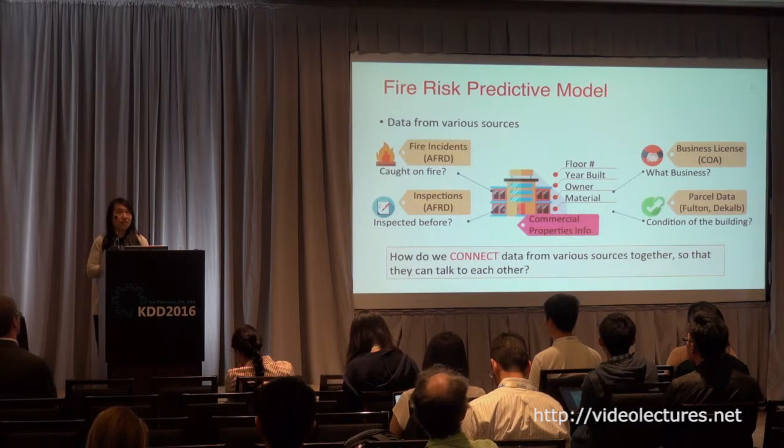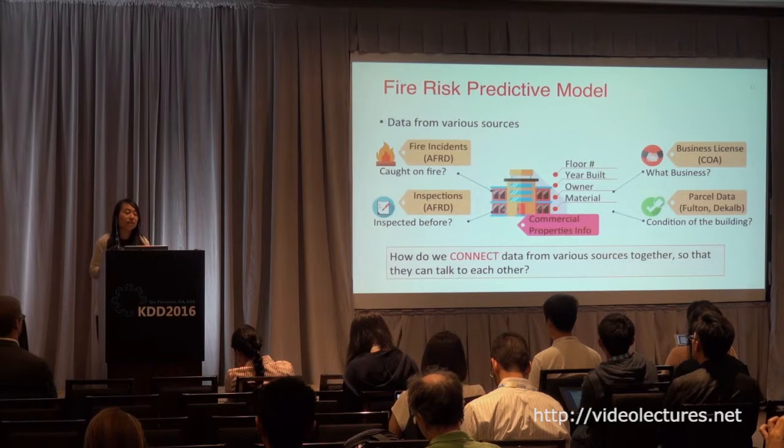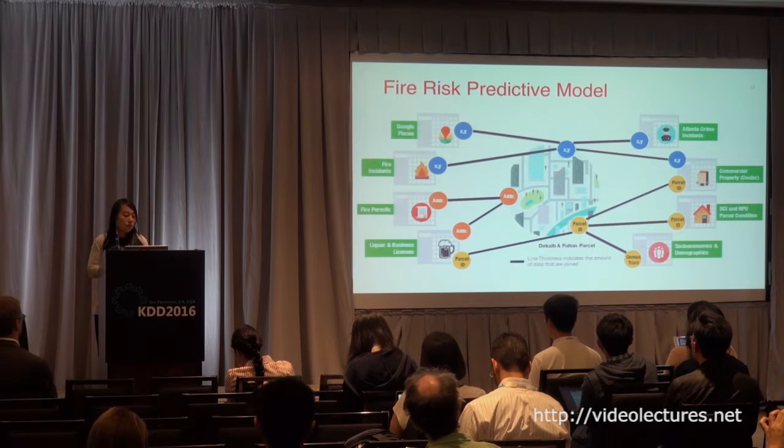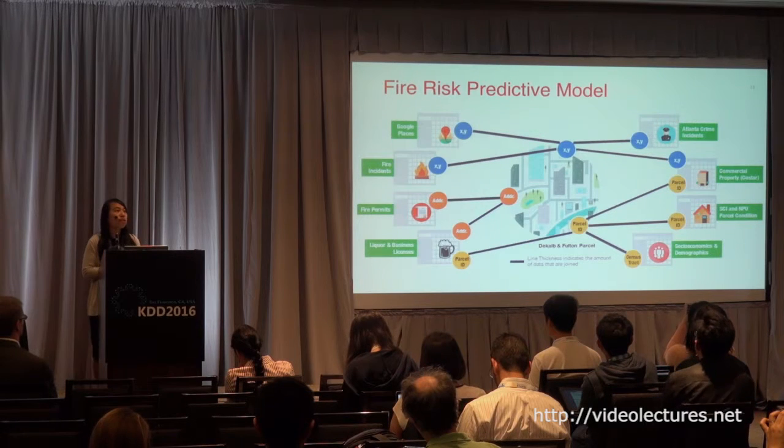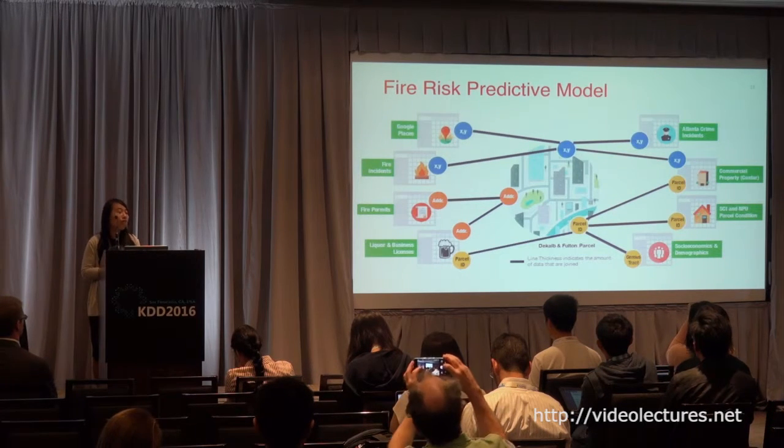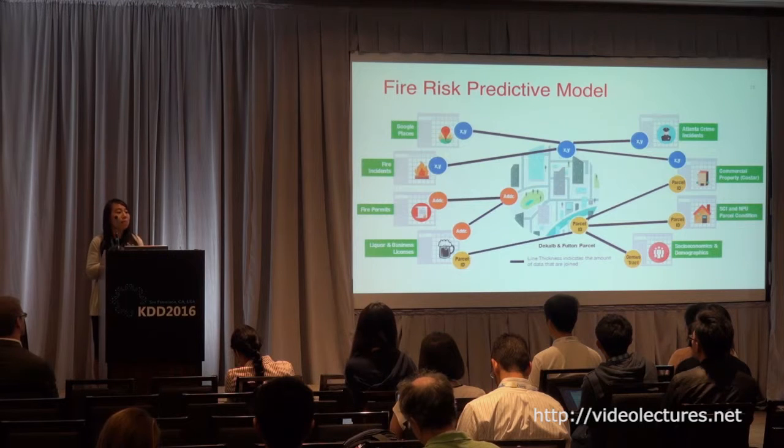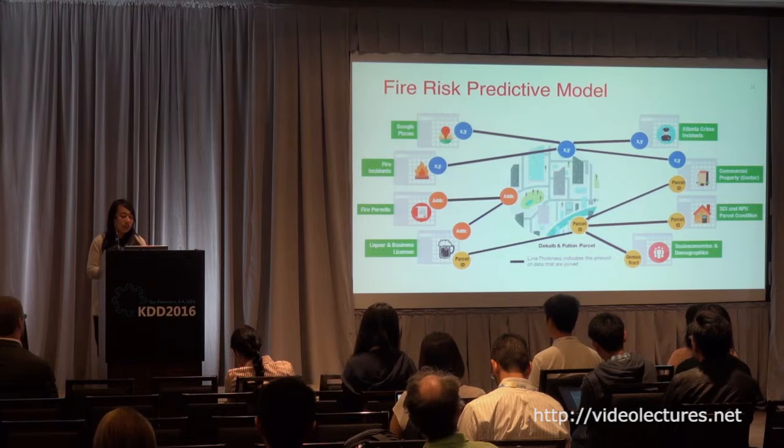So the key question becomes how to actually connect those data sets together, because they don't have unique IDs to join them. So what we did is join them based on geographical information like coordinates, addresses, and parcel ID, so that they can form a comprehensive look at all the properties in the city of Atlanta.